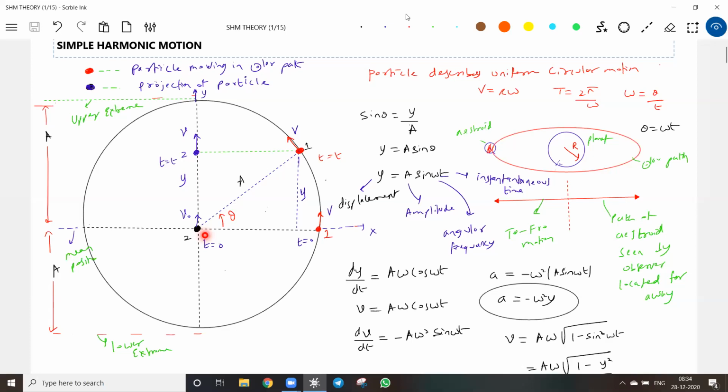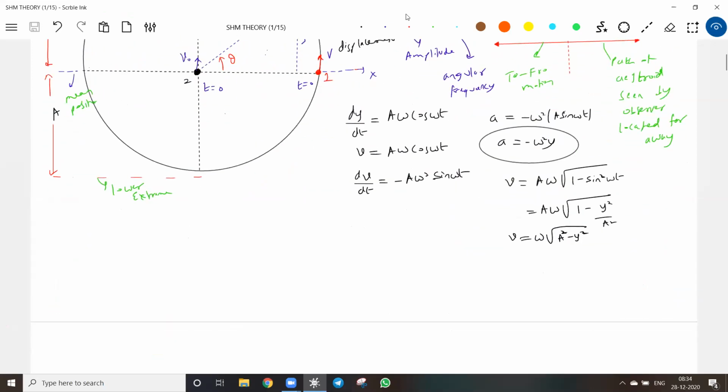That is what I initially derived. Okay, look at this. So there's the expression for the speed of the particle, and look at how acceleration will be proportional to the negative of displacement.